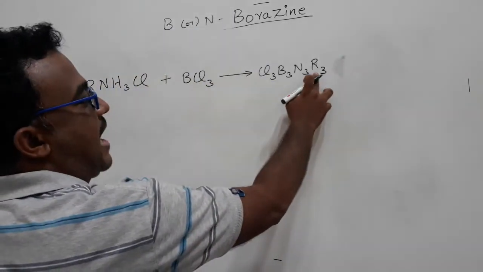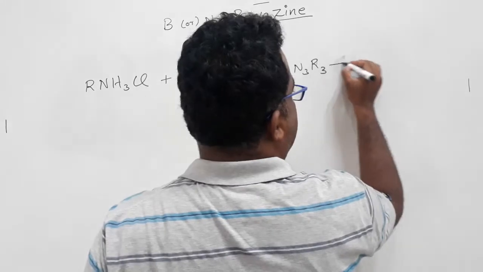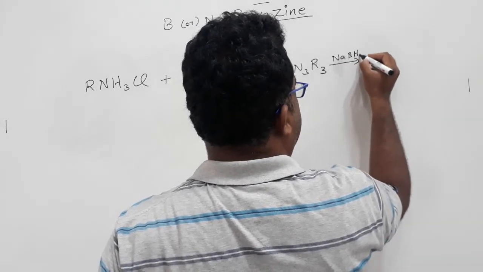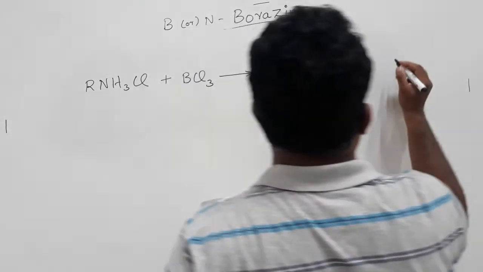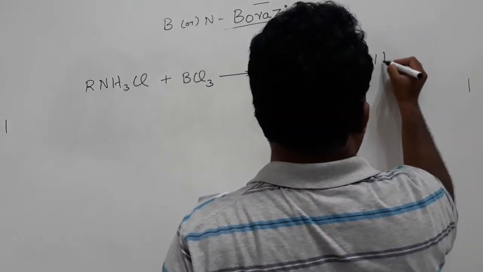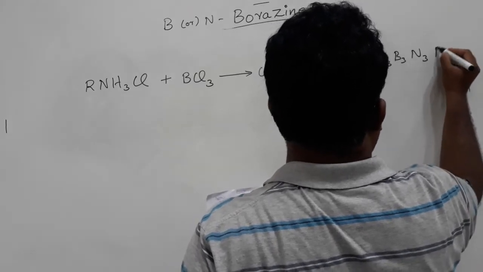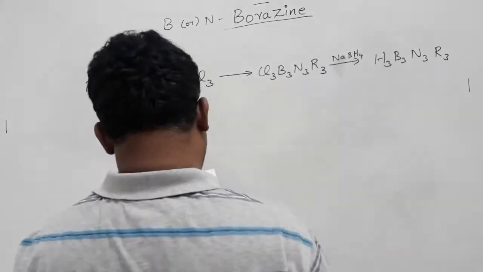Instead of hydrogen, we now have R on nitrogen, which further reacts with sodium borohydride. The chlorine is replaced by hydrogen, that means H3B3N3R3. Okay.